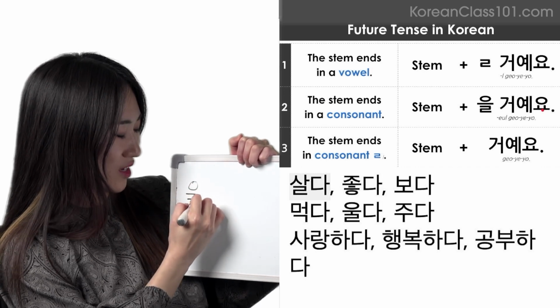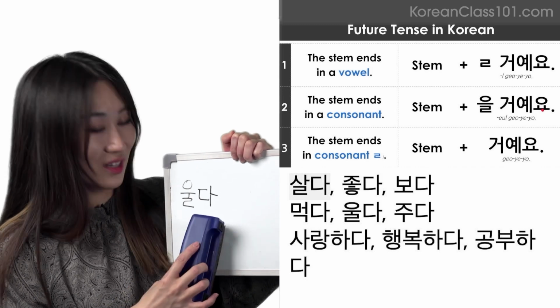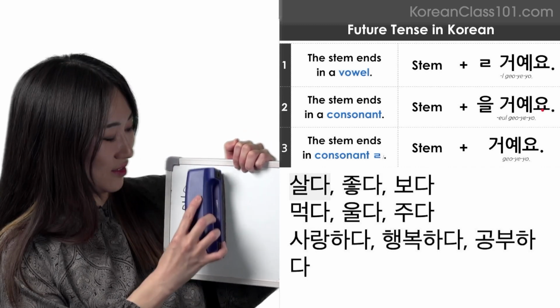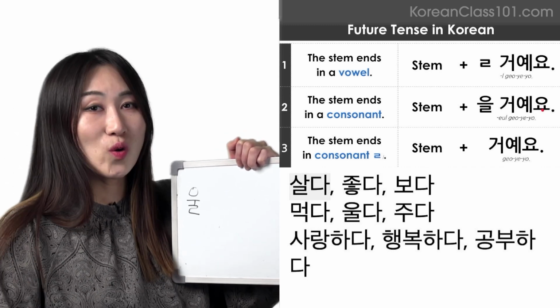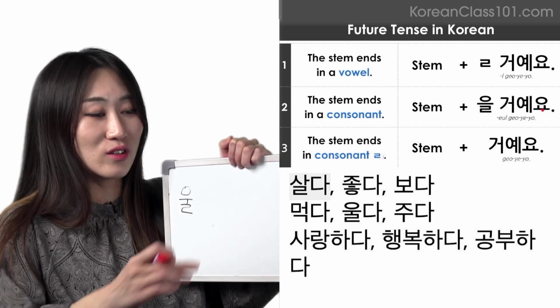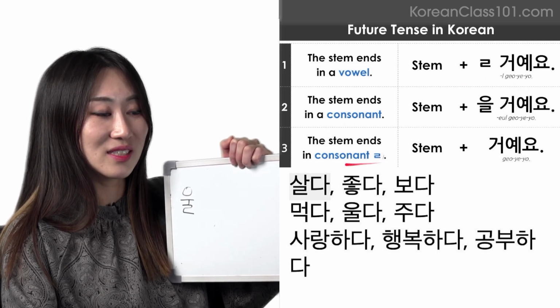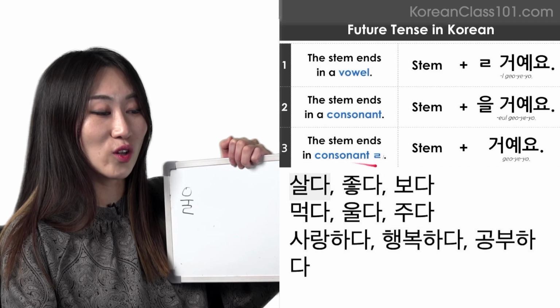Another example would be 울다, cry. So let's get the stem. Stem is 울, right? So 울 ended with a consonant. So should I say 울을 거예요? Nope. The stem ends with the consonant 리을.